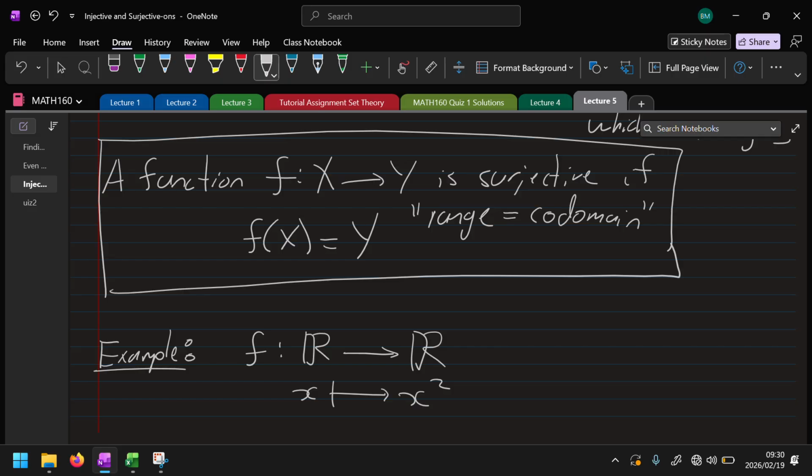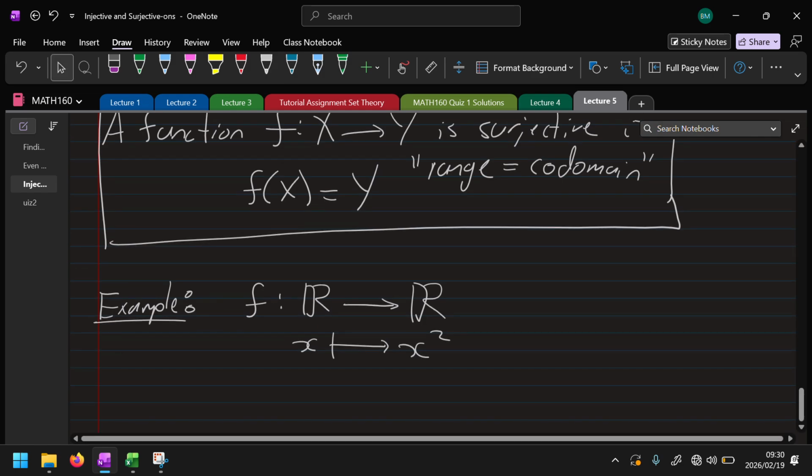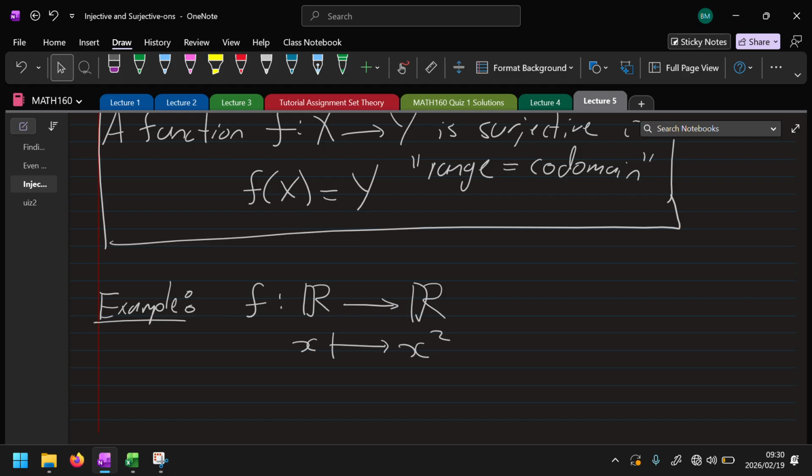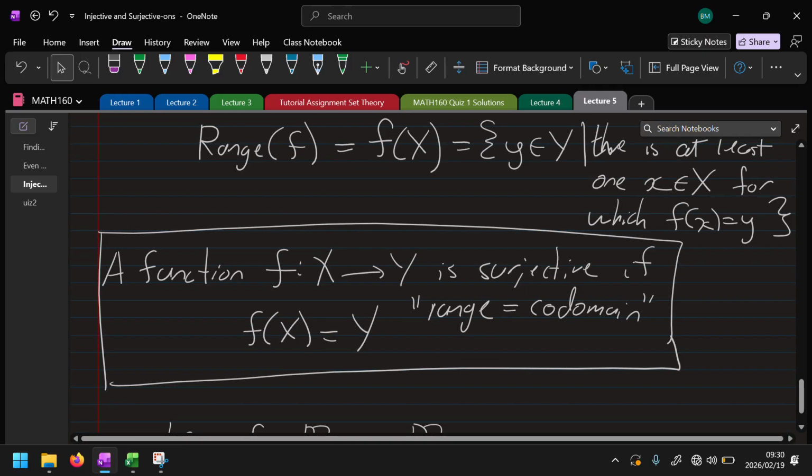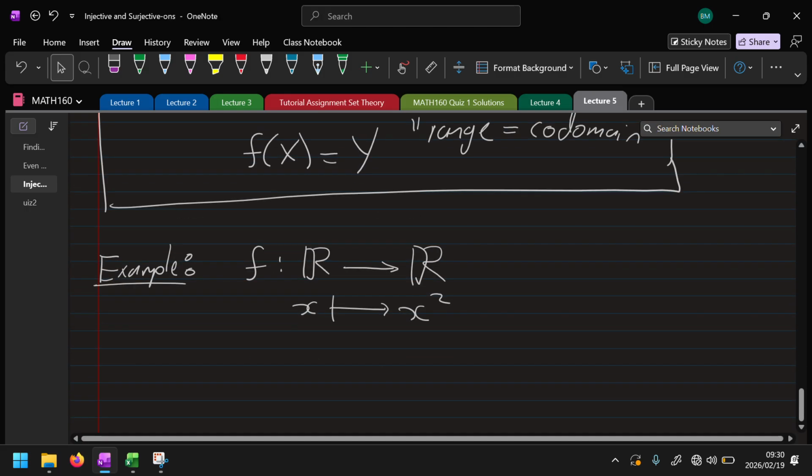Okay, so in this case, we have our domain, we have our codomain. How can we show it's surjective? We calculate the range and check if they are equal. Okay, so we've got this. Let's calculate the range.